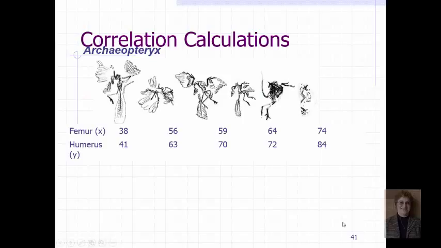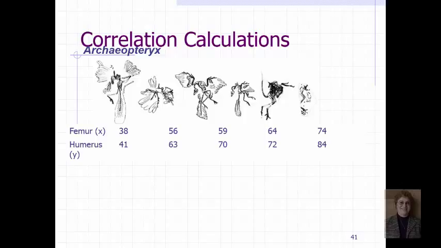This is a data set that I've used as an example, and this is a fossilized bird/reptile. Scientists believe that the Archaeopteryx is kind of the missing link between reptiles and birds, and they found these 5 fossilized skeletons.